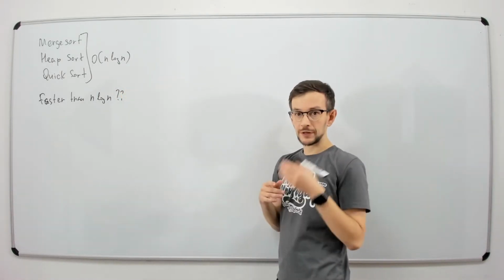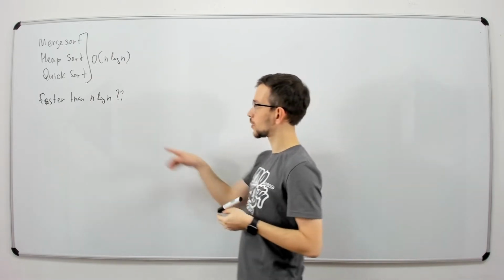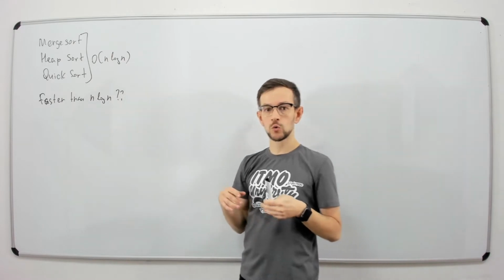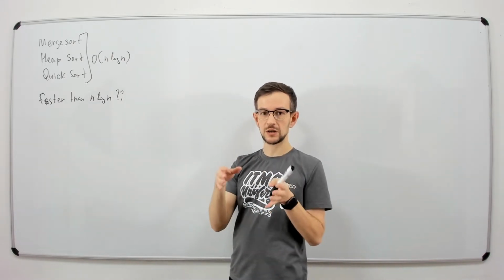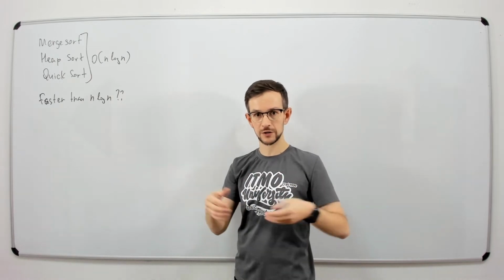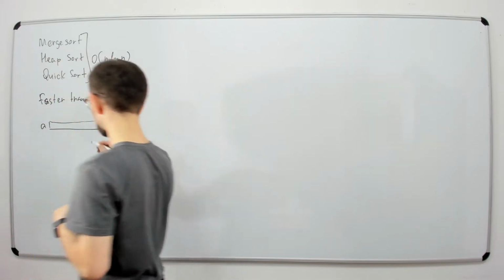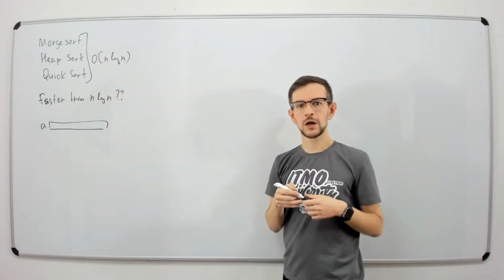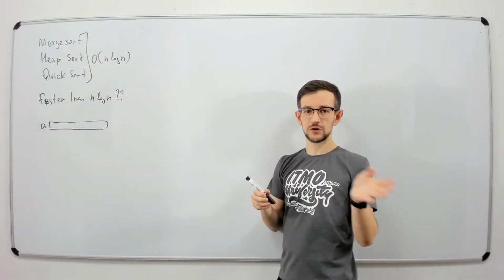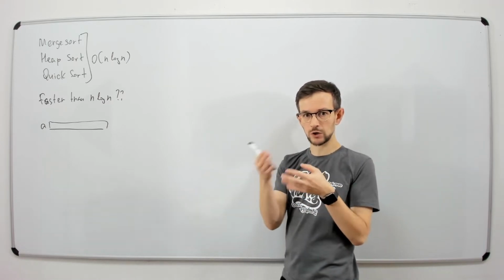To prove that it's not possible to get a sorting algorithm which works faster than n log n time, we need to fix the set of operations we can do with the elements of the array. So we have an array of some elements, and to prove that something is not possible, we need to fix the set of operations we can do with these elements.